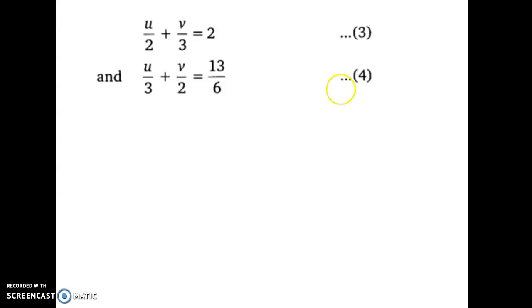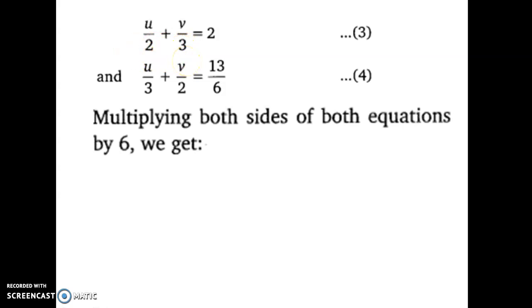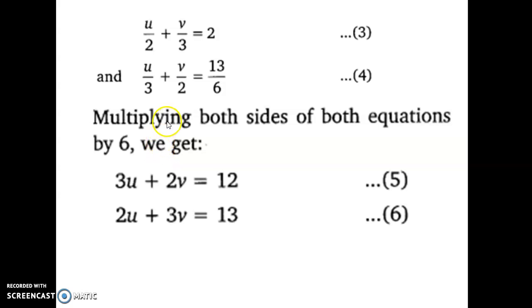Now this also cannot be easily solved because here also we have fractions. So how to remove the fractions? Multiplying both sides of the equations by 6 we get, in this equation, 3u plus 2v equal to 12.